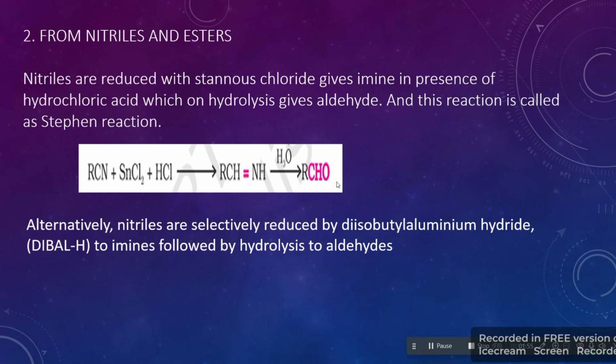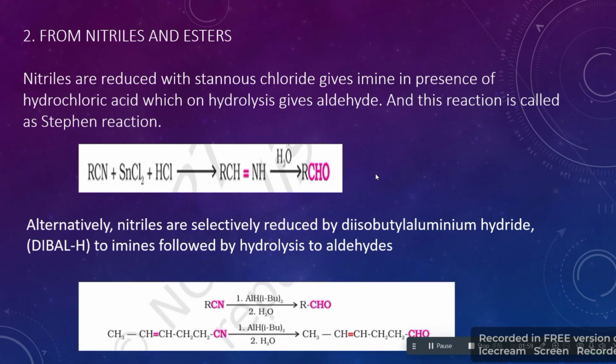Okay. Another one: nitriles are selectively reduced by diisobutyl aluminum hydride, meaning DIBAL-H. It will form an imine, followed by hydrolysis to the aldehyde. Here is the reaction. You can pause or take a screenshot.